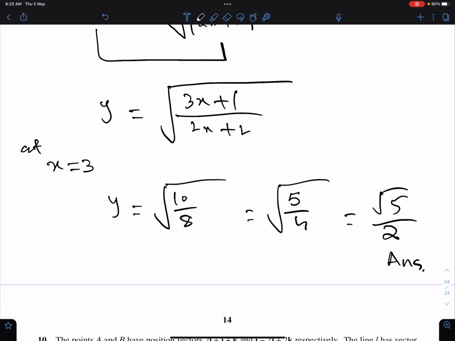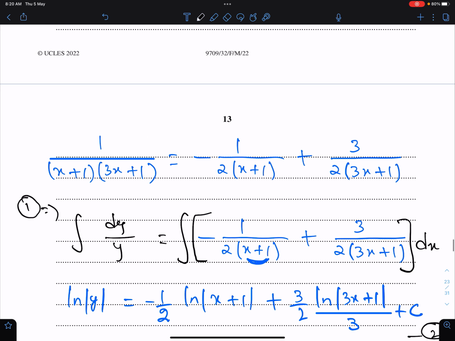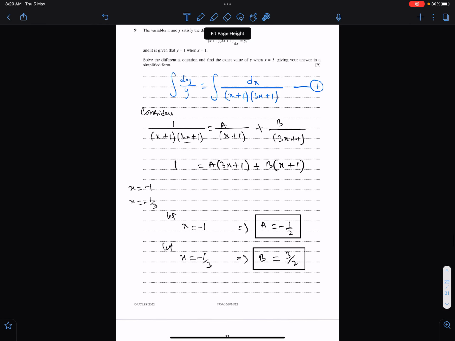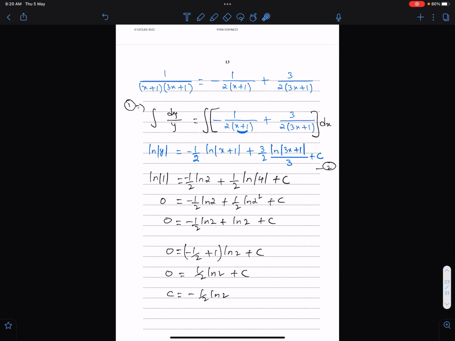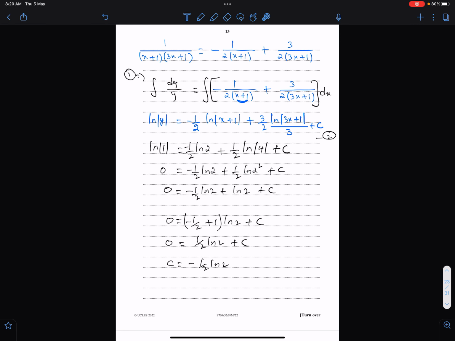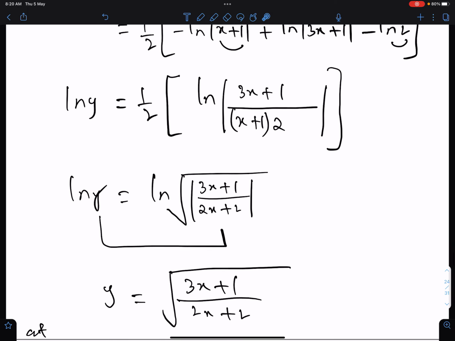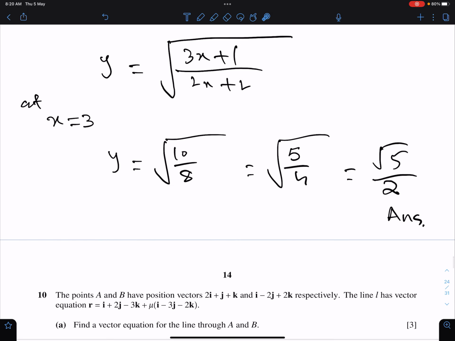So this is the exact answer. The question was to find the exact value of y when x is 3. You must be good at algebra to handle these types of complicated calculations.